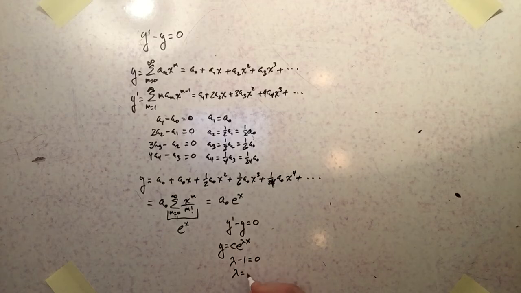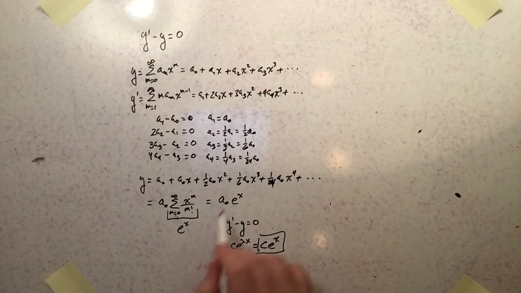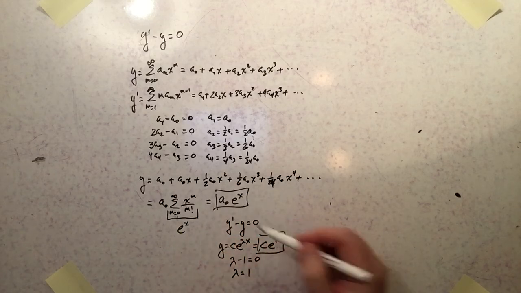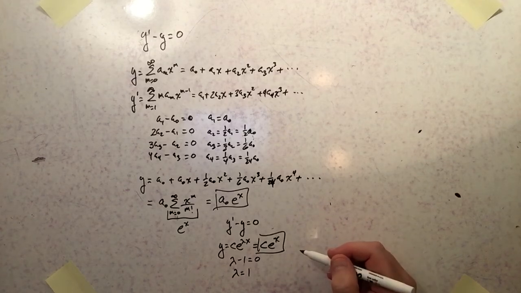That means lambda is equal to 1, and substituting that back in produces a solution to this differential equation of a constant times e to the x. Notice we get the same solution through the infinite series method that we did through a more traditional approach.